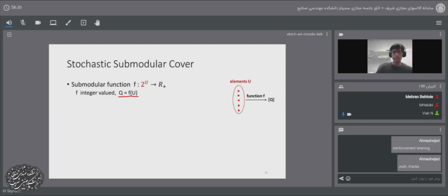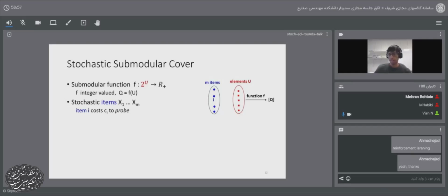But in the stochastic setting, we have a bunch of stochastic items that are these blue points in the picture, where it costs some c_i to probe any item i. So probing an item means you can observe the outcome that item realizes to.